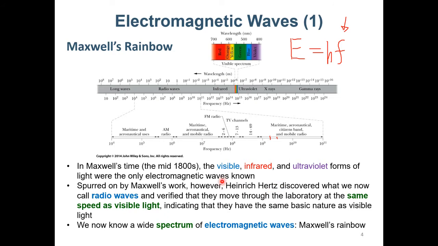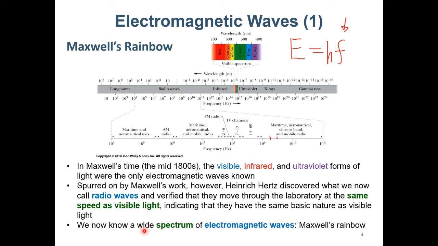So actually, this guy discovered the radio wave. The SI unit for frequency is named after him, Hertz. He verified that they move through the laboratory at the same speed as visible light, indicating that they have the same basic nature as visible light.